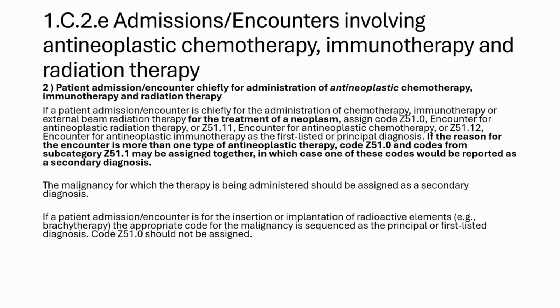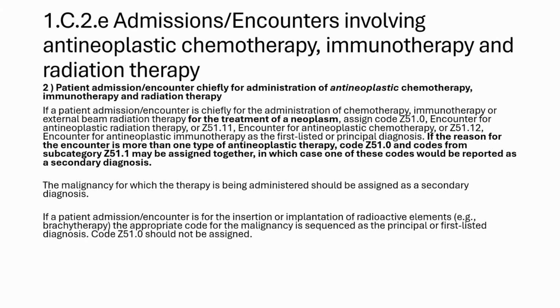We see some revisions this year to our guidelines regarding the sequencing of patients receiving radiation therapy, chemotherapy, and immunotherapy in relation to treatment of a neoplasm. When the chief reason for the encounter is the administration of anti-neoplastic therapy, we sequence the appropriate code from Z51: Z51.0 for radiation therapy, Z51.11 for chemotherapy, Z51.12 for immunotherapy.